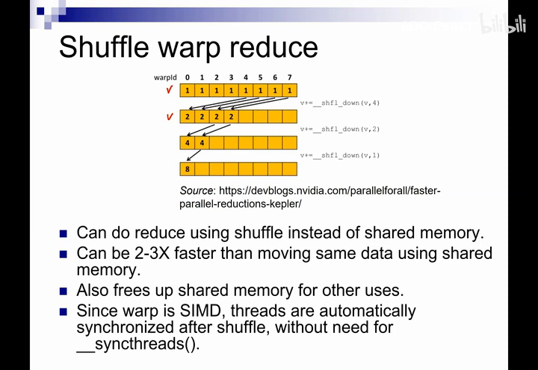Now you might wonder whether you need to do any synchronization on this. The nice thing about the shuffle operation is that it's happening in a warp, and only among the active threads within the warp. Remember, all these active threads are SIMD, so they are doing exactly the same instruction at each time point. If you have a warp where the threads are doing different instructions, they would not do those at the same time point.